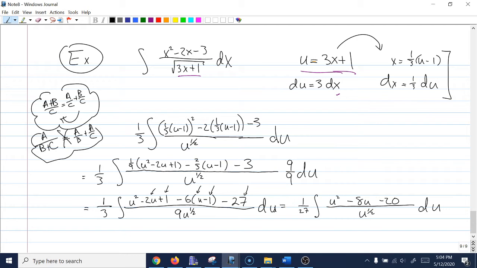And the fact that it works this way is the reason why you would prefer to have a simple thing on bottom of a fraction, even if it makes the top messier. Because when you have a simple thing on bottom of a fraction, like we have here, you can split that up into separate fractions. I got 1/27th integral of u squared over u to the 1/2 minus 8u over u to the 1/2 minus 20 times 1 over u to the 1/2.